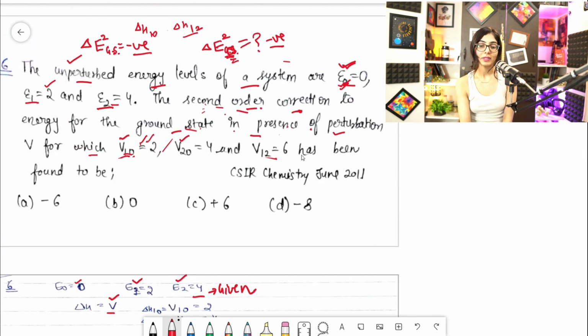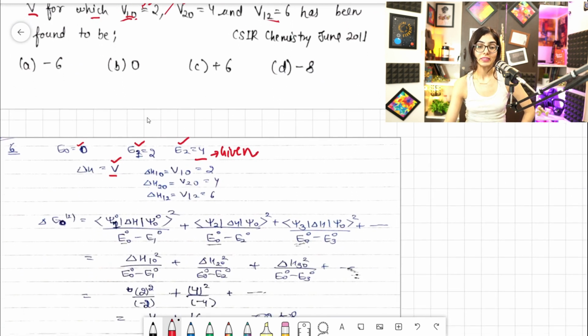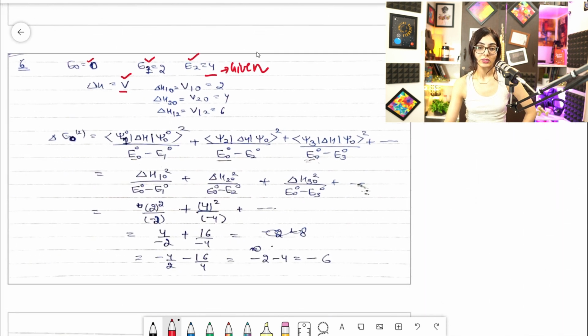Earlier we always wrote the perturbation in terms of del H or del E, right? So if it is given in terms of V, you can also write del H is equal to V, right? If you are writing del H 21, you can write it as V 21. Clear? You can write x21 also, whatever is given in the question. So this time it is given in terms of V, so we will write it in terms of V. Simple, right? So let's just do it.